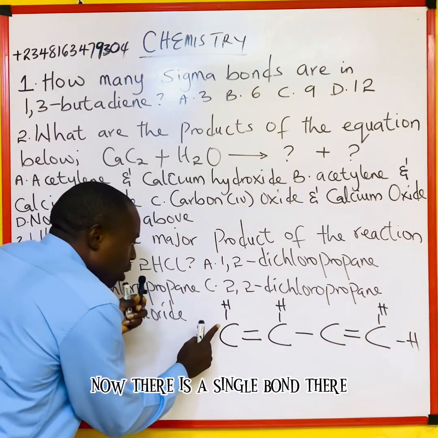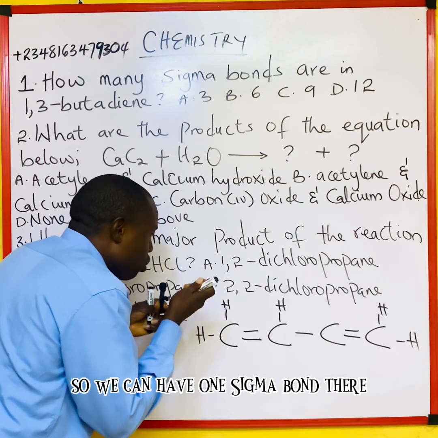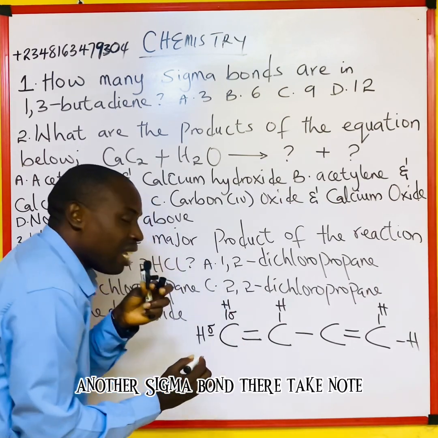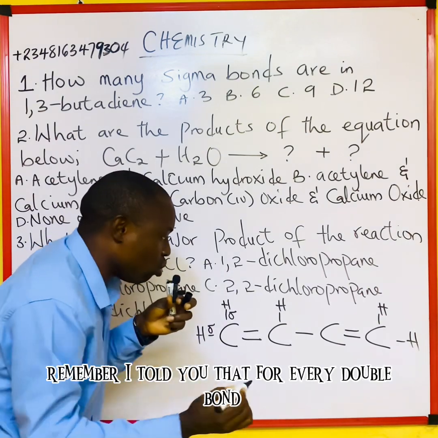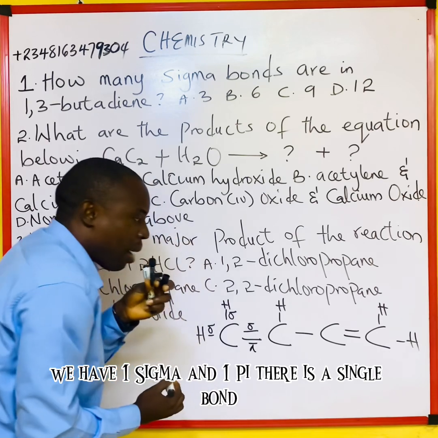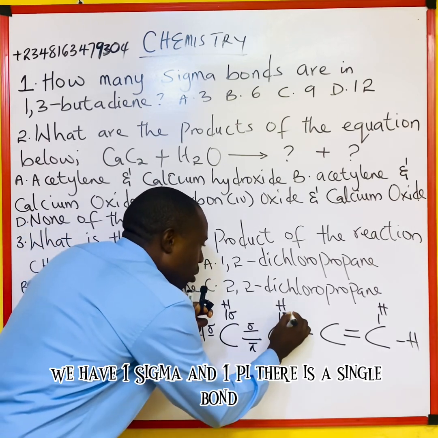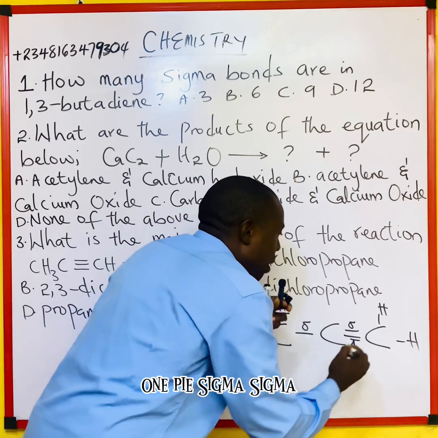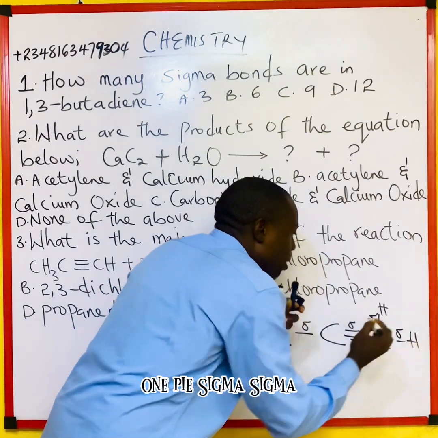Now, there is a single bond here, so we can have one sigma bond here, another sigma bond here. Remember I told you that for every double bond, we have one sigma and one pi. So there is a single bond, sigma, sigma, sigma, one pi, sigma, sigma.